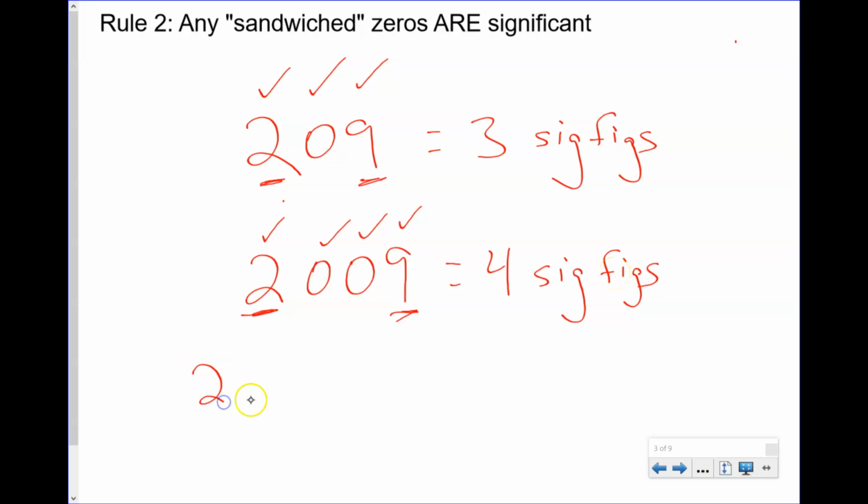It doesn't matter how many zeros you have that are sandwiched between 2 significant figures. There's a non-zero, so it's significant. There's a non-zero, it's significant. And all of these zeros are squeezed in between those 2, so they're guilty by association. So this number has 3, 6, 9, 10 significant figures.